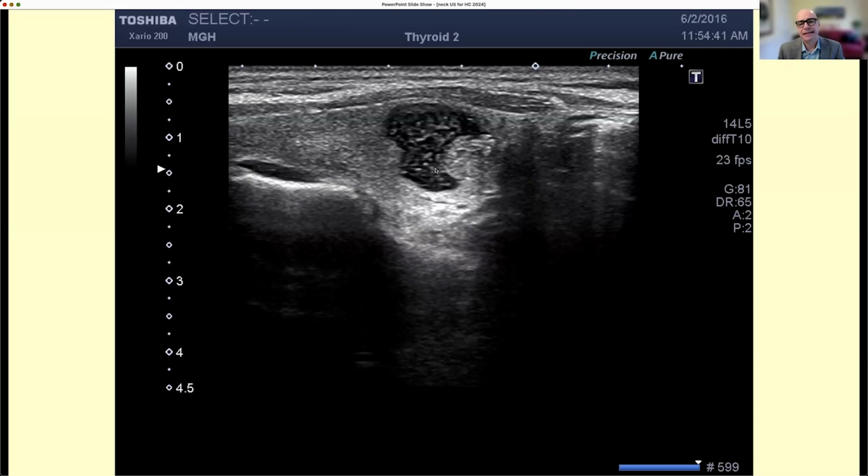No. You may be right, but it is hard to tell. Sometimes it is hard to tell. Are these microcalcifications? Maybe, even though these don't look like it. Sometimes you have to be humble and think maybe there are calcifications, maybe not. It's not always obvious, and I put these nodules here just to tell you that sometimes it's simply difficult. When I read an ultrasound like this, I would say there are potential bright reflectors, unclear whether they're bona fide microcalcifications or not. There are irregular margins, and the nodule is hypoechoic.